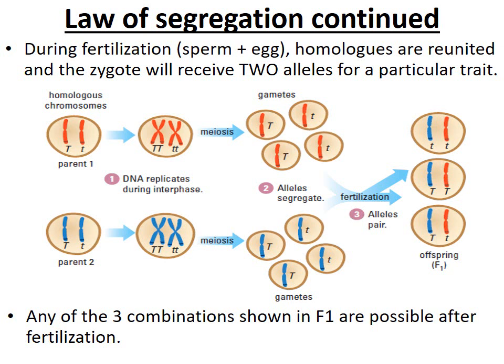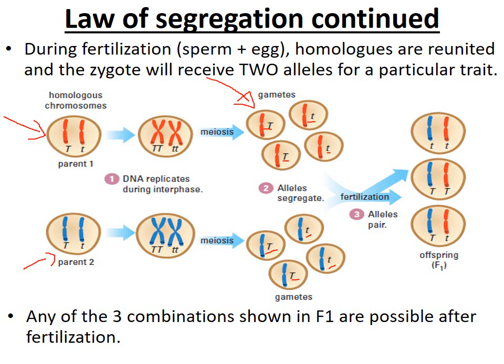So just take a look at what that looks like in terms of meiosis and fertilization. Let's say you had a heterozygous parent over here, and that heterozygous parent goes through meiosis. 50% of its gametes would have big T, and 50% will have little t. Here's the other parent, parent 2, also heterozygous. 50% big T, 50% little t.